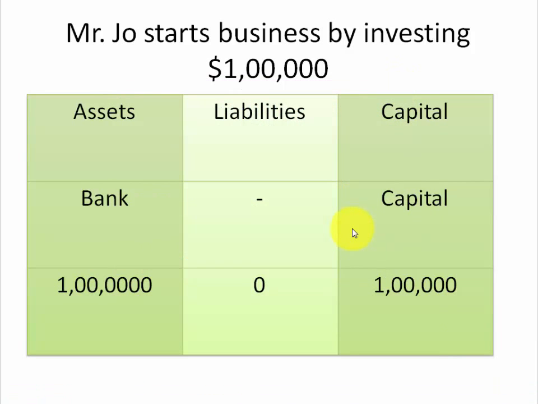Now understand what is increasing and what is decreasing. In this case, both bank account and capital account are increasing. So there is plus 1 lakh at asset side and plus 1 lakh at capital side. So the accounting equation equates: 1 lakh is equal to 0 plus 1 lakh.